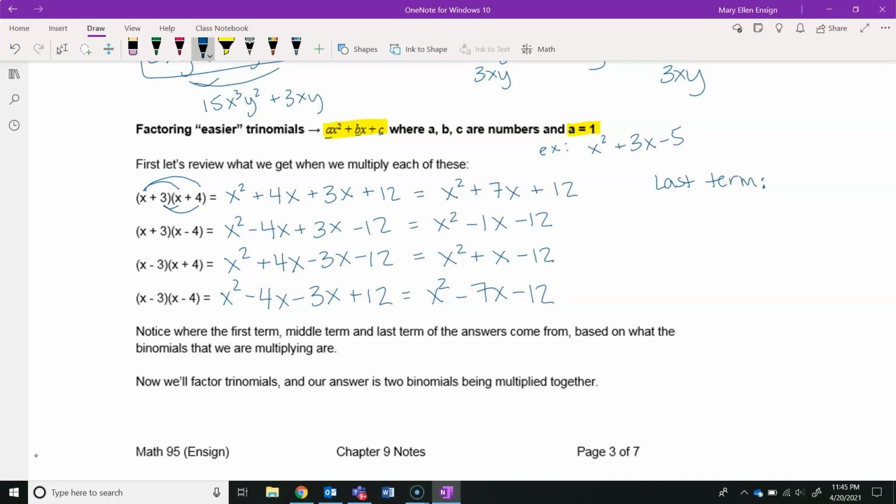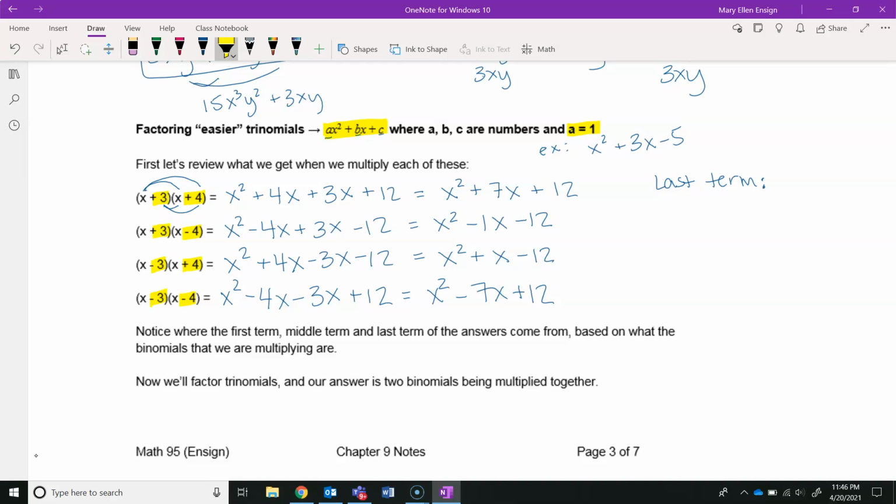Oops, this one here should be positive, sorry. So positive 12 or negative 12 is what our answers were. Let's think about where that came from. Well, in each case, that came from that last part when we multiplied 3 times 4, or 3 times negative 4, or negative 3 times 4, or negative 3 times negative 4.